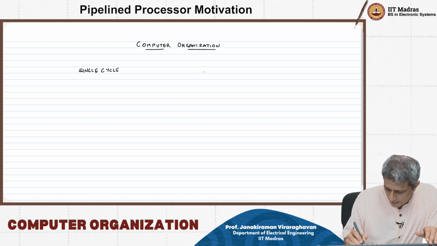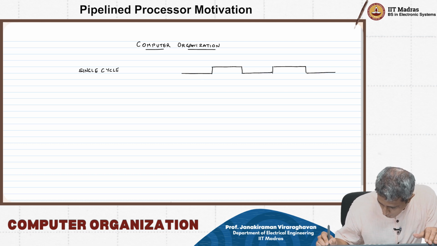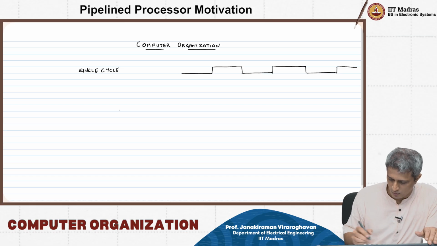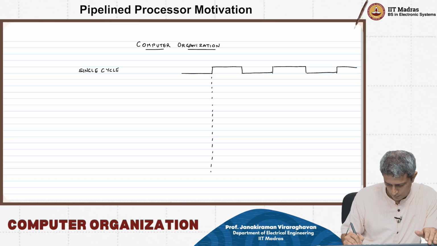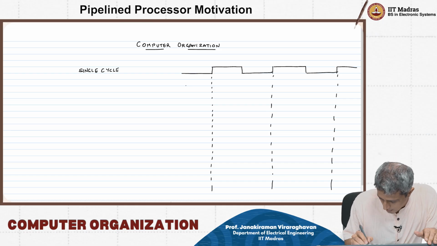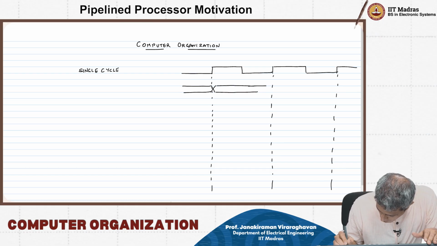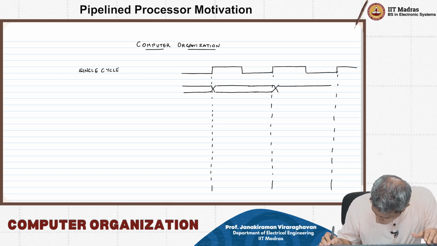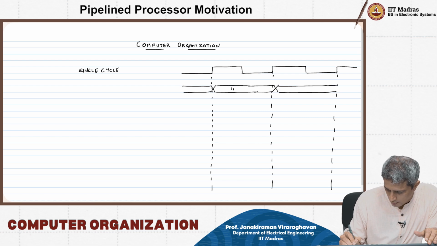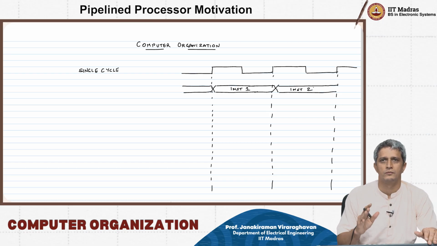In a single cycle processor, the idea was that you can have a pretty long clock period, and the processor would simply execute instruction 1, instruction 2, each in a single clock cycle.